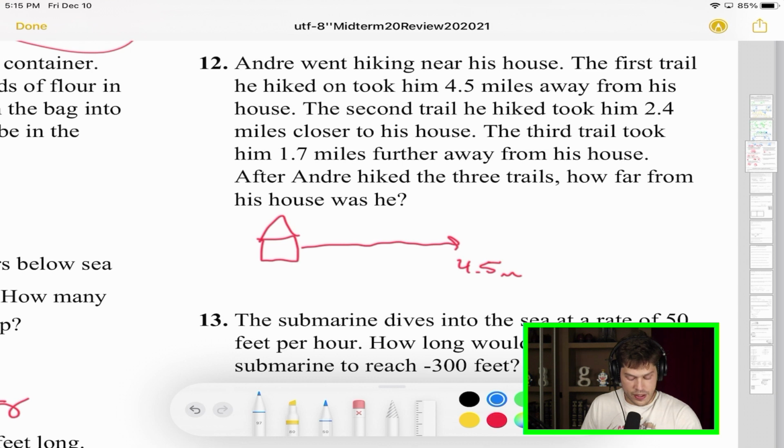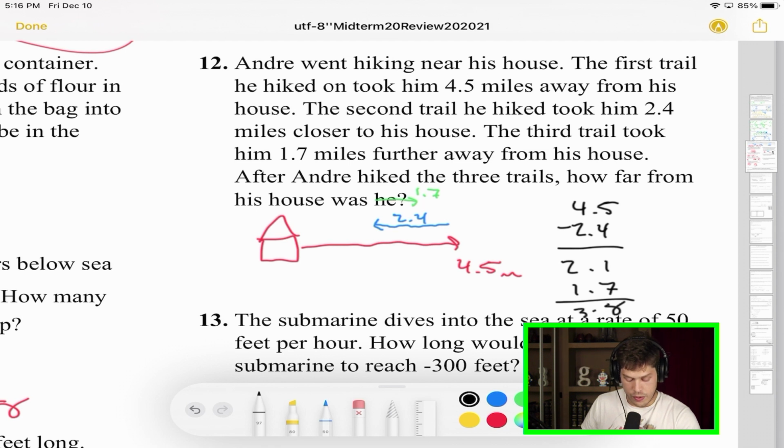And then he went back 2.4 miles closer. And then he went again 1.7 further. So we have 4.5 minus 2.4. That's 2.1. And then we're going to be adding 1.7 to get 3.8. So he is 3.8 miles from his house.